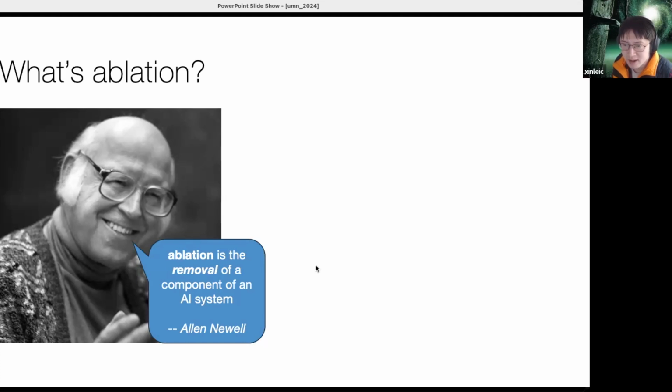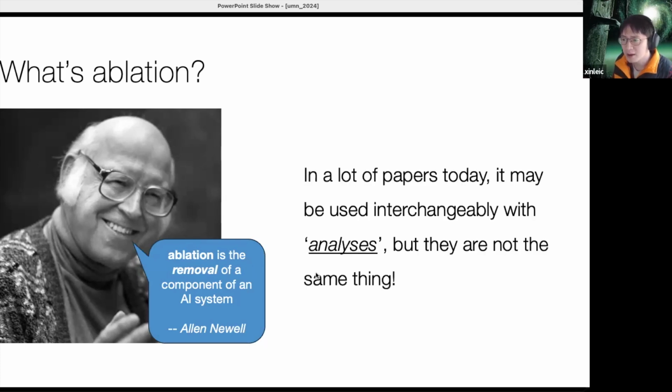The technical term ablation there means the removal of a component in an AI system instead of a human body or biological system. These days, in a lot of papers, I see it being used interchangeably with the term analysis. But if we really dive down into details, analysis is actually quite different from ablation. Ablation, to me, means a specific type of analysis, which is to remove things.